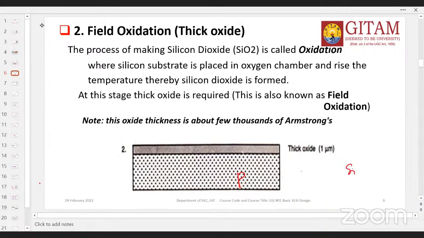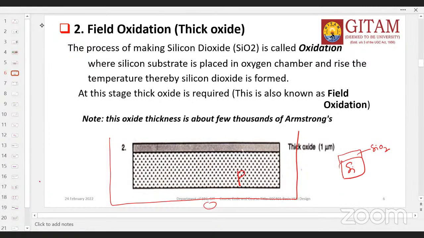We have a silicon here, for example. We have to form silicon dioxide, SiO2, on top of it. So how do we make this SiO2 on top of silicon? We just place this semiconductor in an oxygen chamber and raise the temperature.